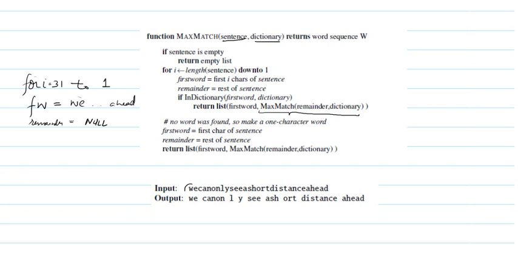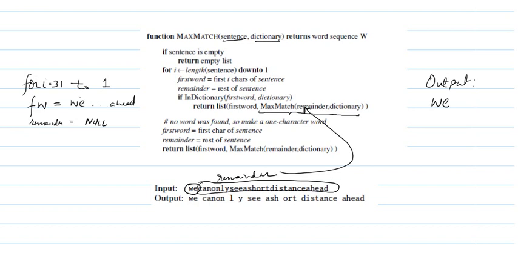So this V part is returned, with this remainder part passed recursively along with the dictionary.